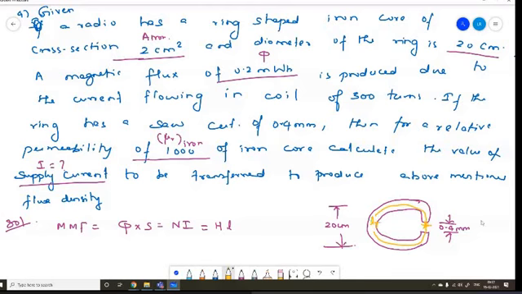So let me put this as L air. L air is 0.4 mm.